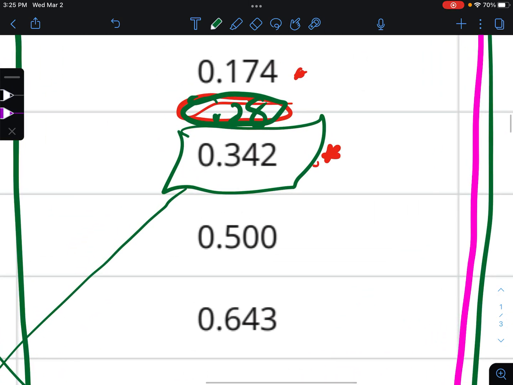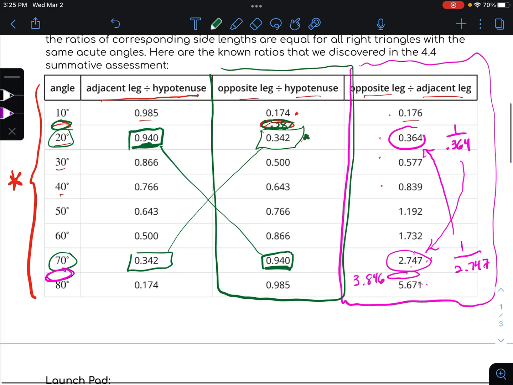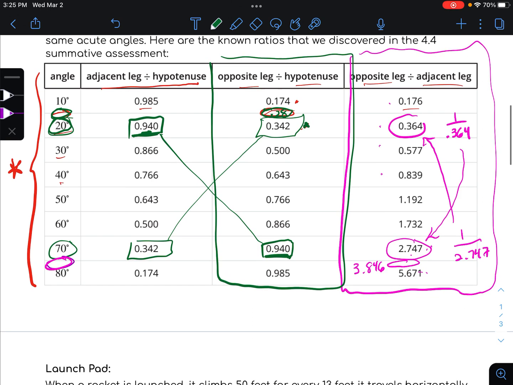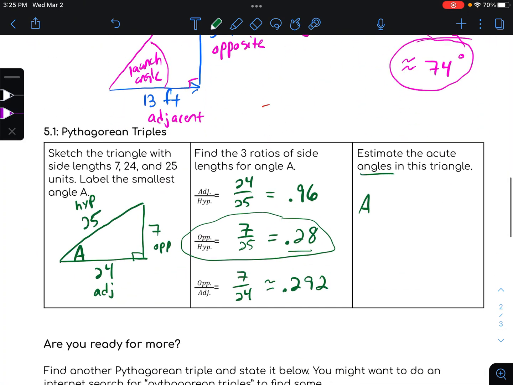If we think about how close that is to either side, it's actually a little bit closer to the 0.342, isn't it? So it's a little bit closer to 20 degrees than it is to 10 degrees. So again, you're going to have to do a little bit of estimation. So halfway would be 15 degrees, and so a little bit more than halfway, I don't know, let's say like 16 degrees.